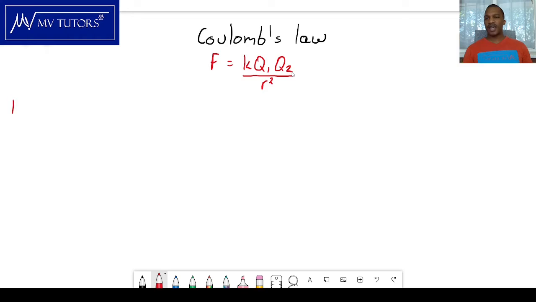Coulomb's law says the magnitude, the magnitude of what?